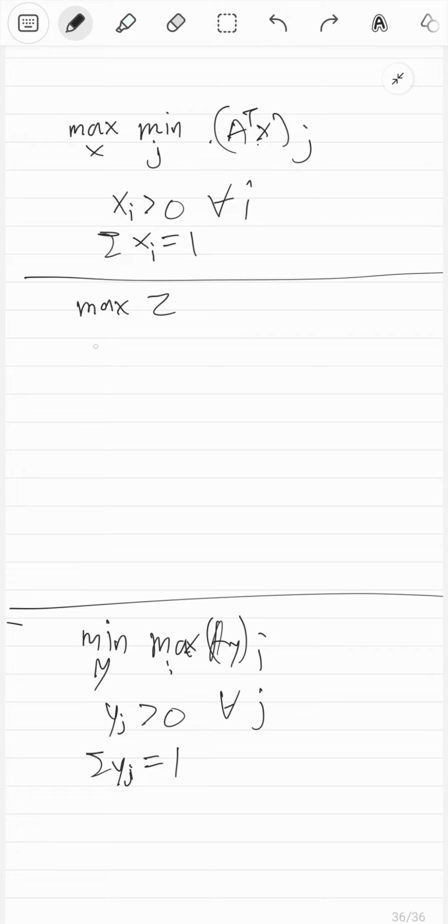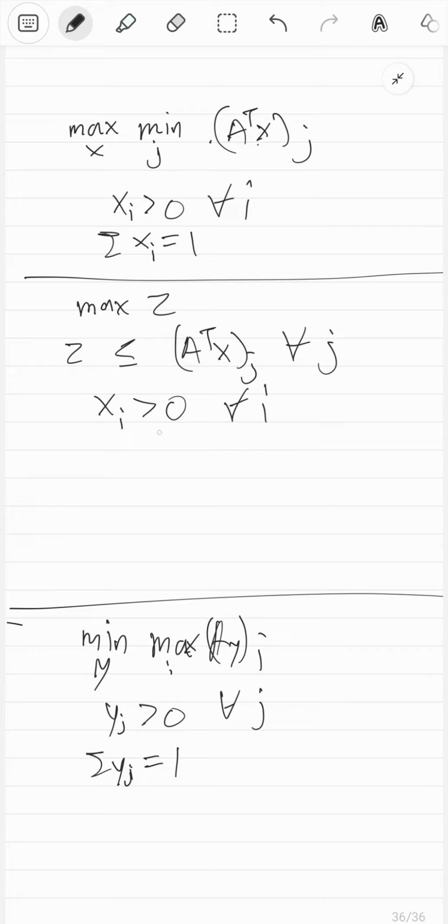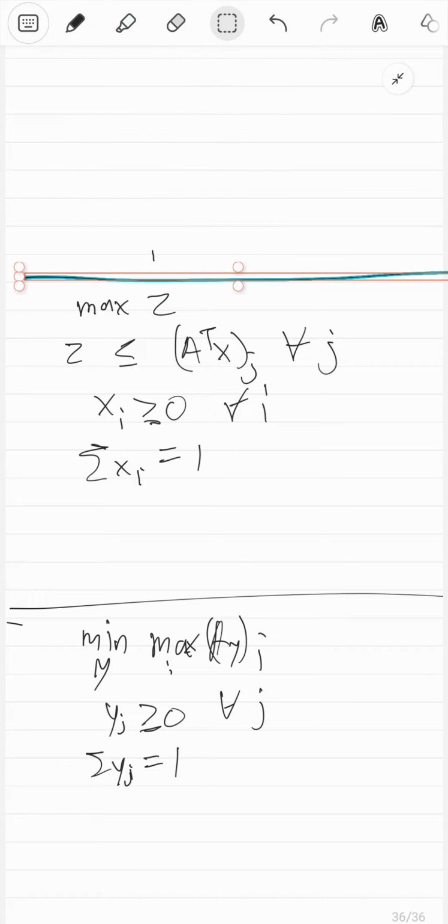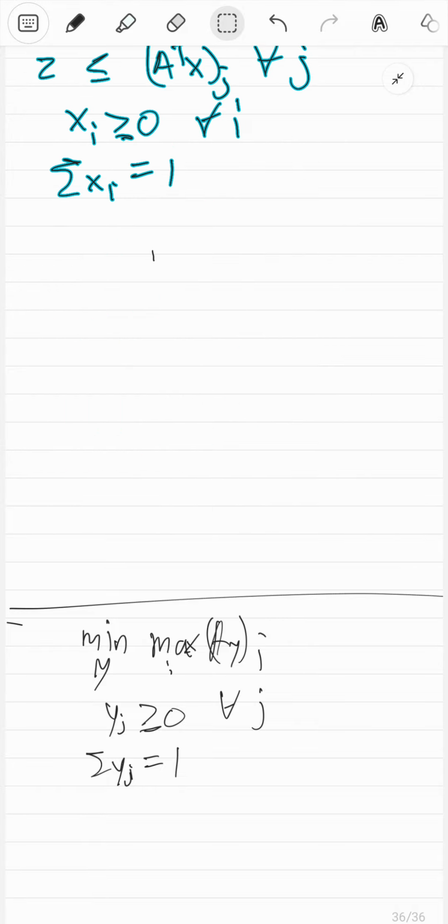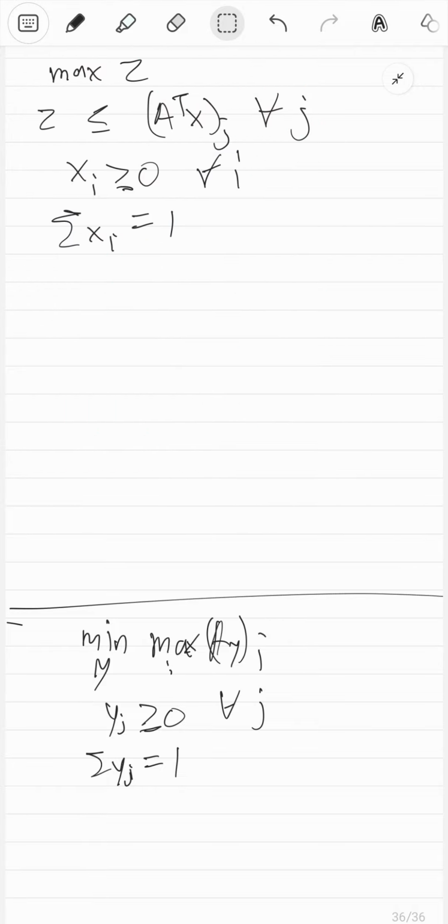So it should be less than or equal to each of the entries in the A transpose x vector. So you have z less than or equal to (A transpose x) sub j for all j, right? And then you still have these constraints, so x sub i are all bigger than or equal to 0, and the summation of x sub i is 1, right? So we have changed this problem into a nicer form, nicer for linear programming essentially.